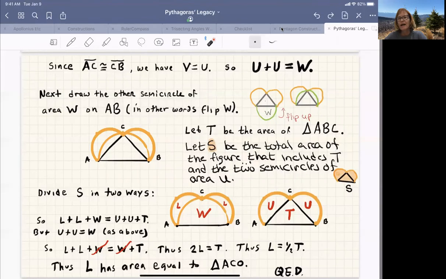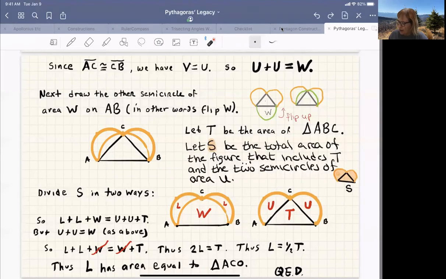It kind of looks like the shape of a Mickey Mouse hat, with Mickey Mouse ears. So that's the shape that we're calling S. Now notice that there are two different ways of breaking up the shape S into smaller pieces. One way of breaking up that shape is here, where you have the triangle and then the two semicircles.